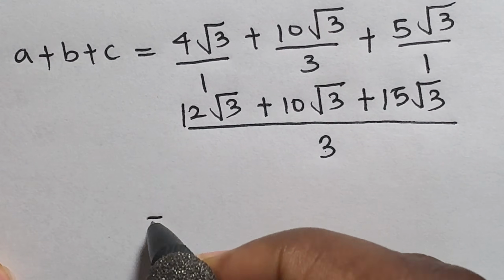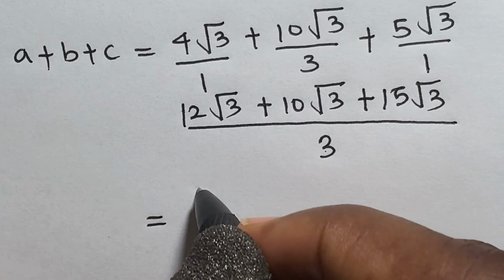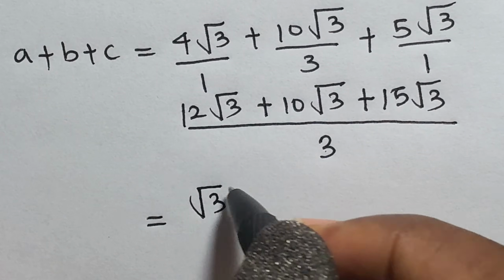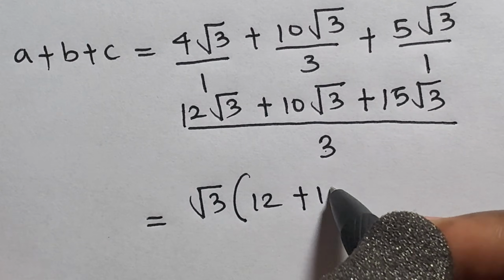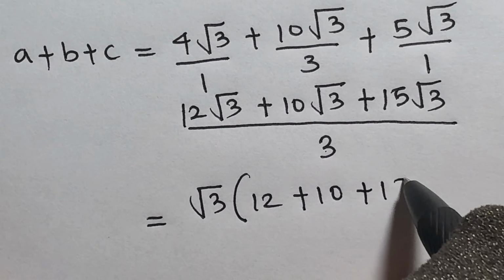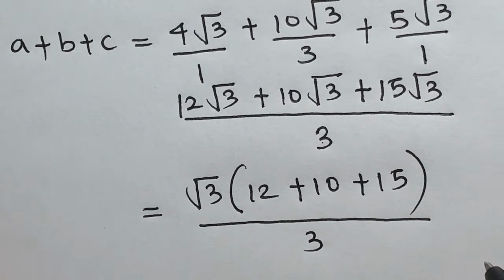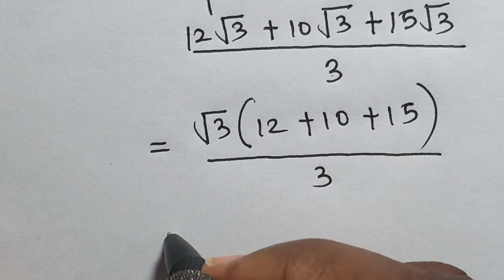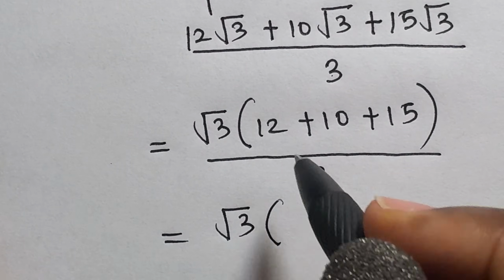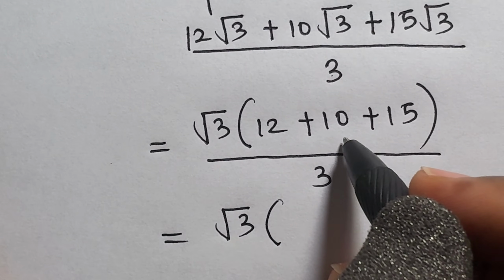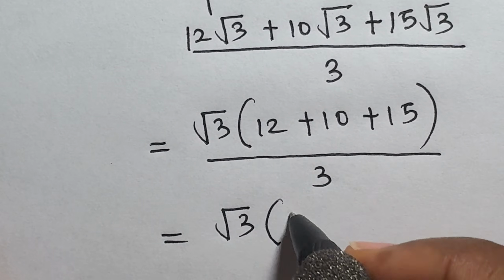This will be equal to, since we have root 3 common to each of this, we can do root 3 into bracket 12 plus 10 plus 15 divided by 3. This will give us root 3 into bracket 12 plus 10 is 22. 22 plus 15 will give us 37.